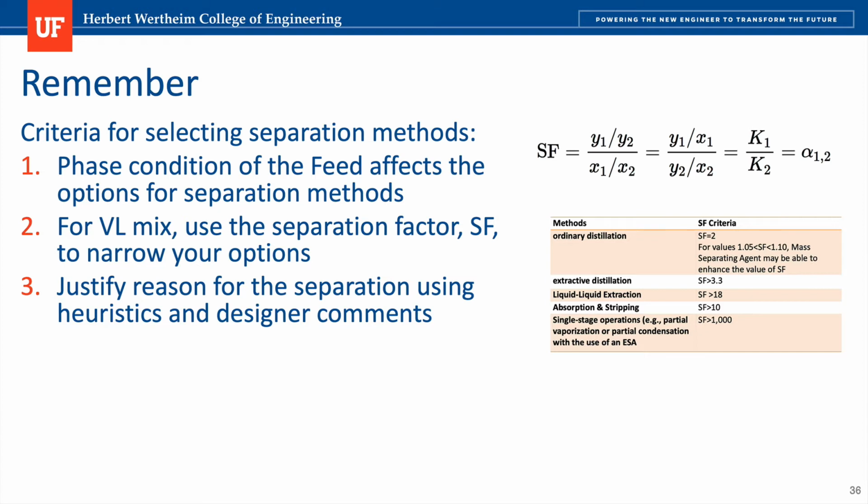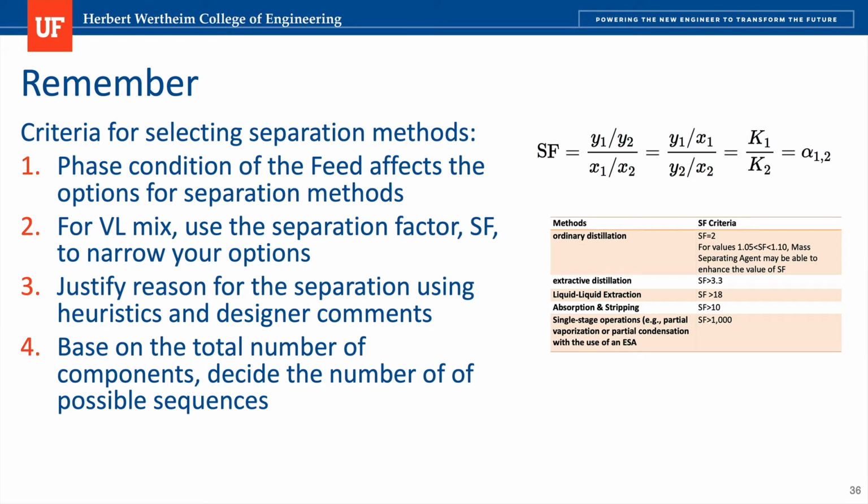Maybe you want to do a cutoff where both reactants are leaving on the top, and they're sent back in using a recycle. So you really need to comment on the reasons why you're doing that separation, and if it's suitable for the purpose of your design. You can always use this table to guide you and explore more in the literature to see how they simulate this and what options are good for your pair.